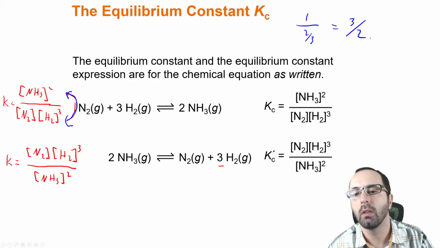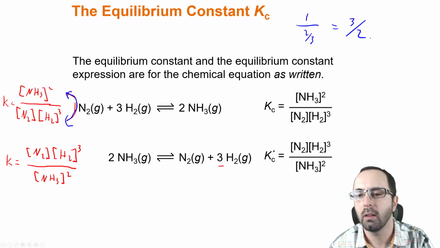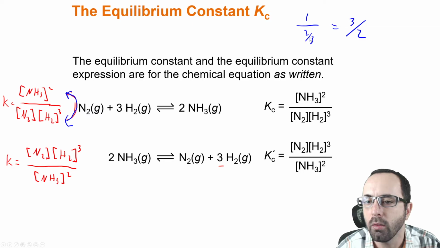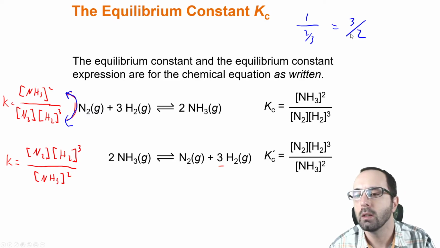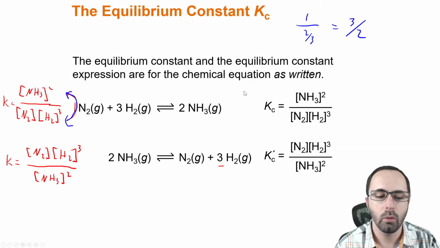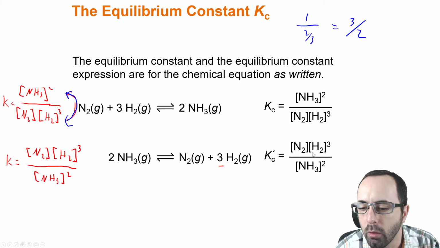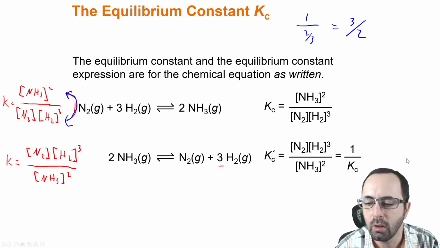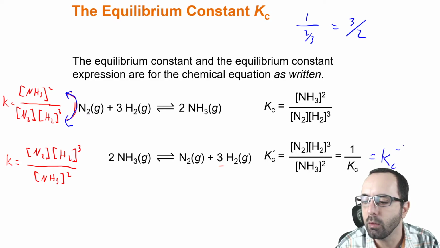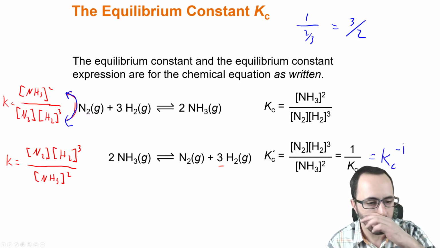If you want to find the value of this whole fraction here, you multiply by the reciprocal of the bottom fraction here. So we flip it essentially. That's what doing 1 over something is. So 1 divided by K would be the K for the reaction that you got when you flipped or reversed the reaction. Another way to write this is, you know, Kc to the -1 power. That means the same thing.